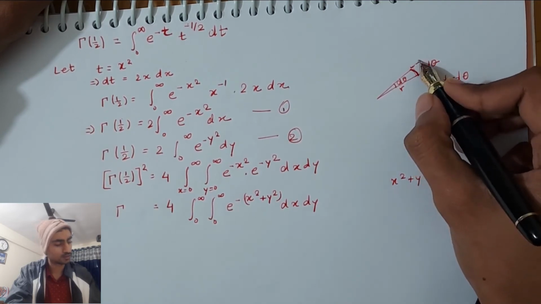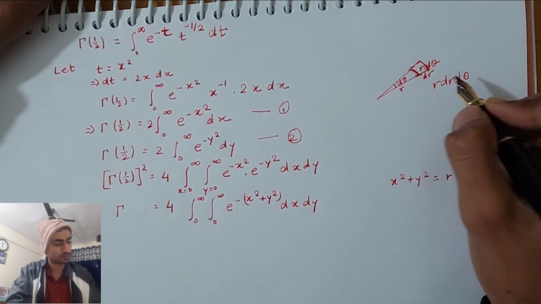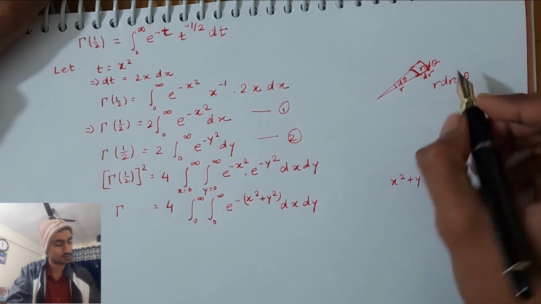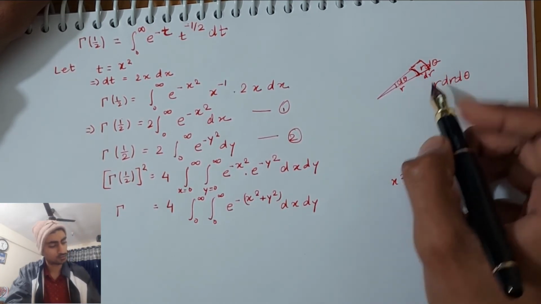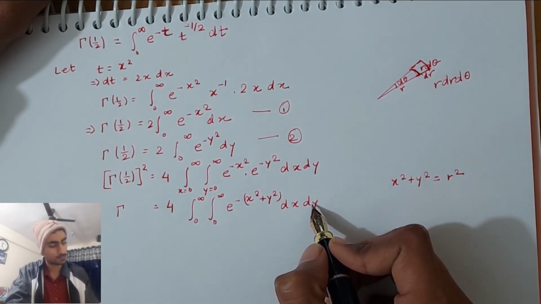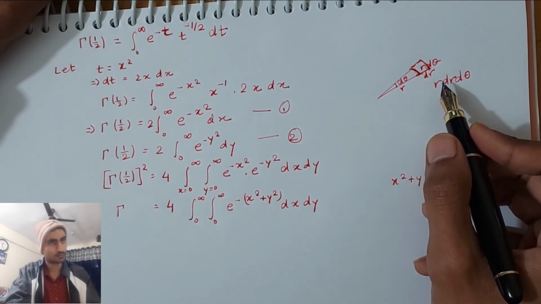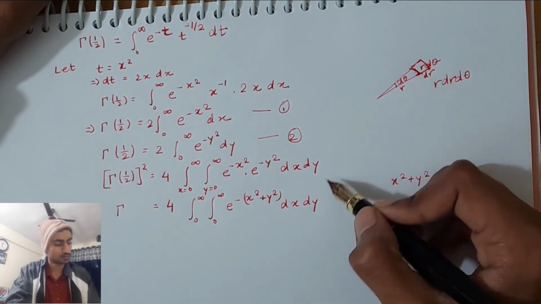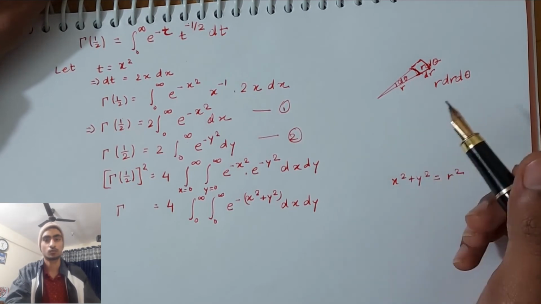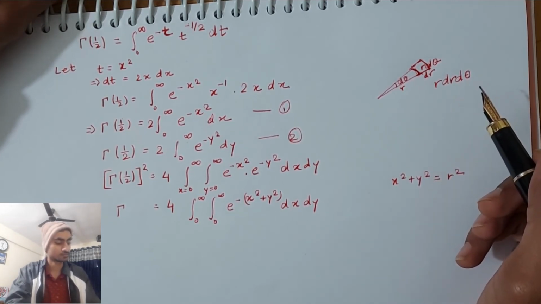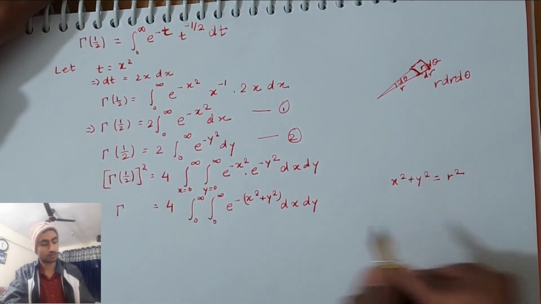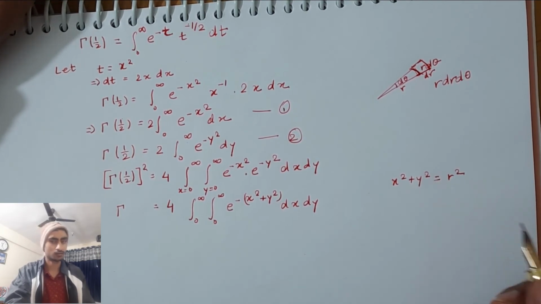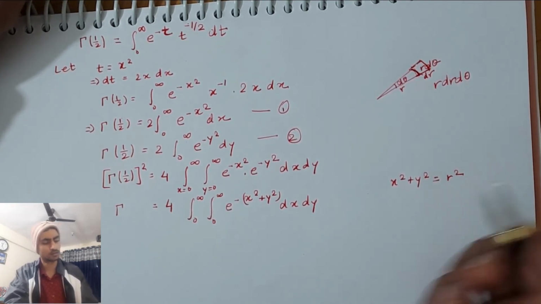So we get this infinitesimal surface, which we can substitute for dx dy. If you don't understand this, I suggest that you study polar coordinate systems and different coordinate systems like spherical and cylindrical. Then it would be much easier.